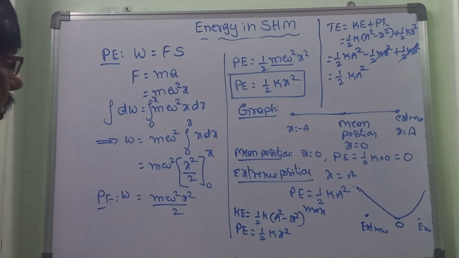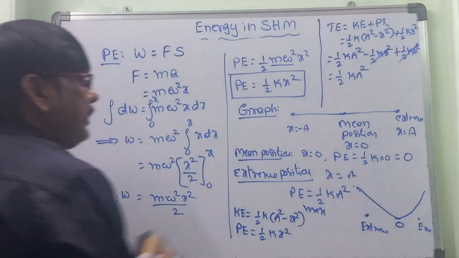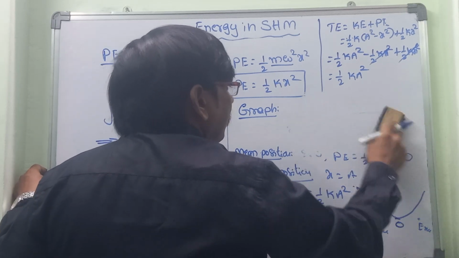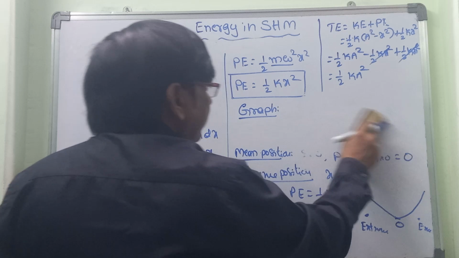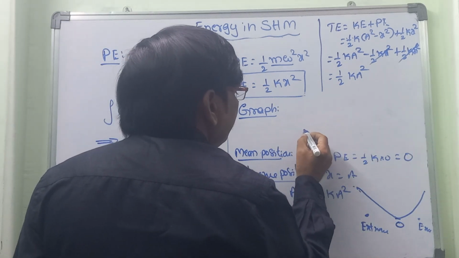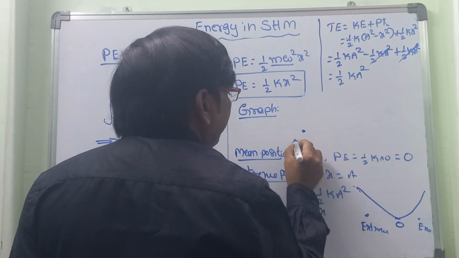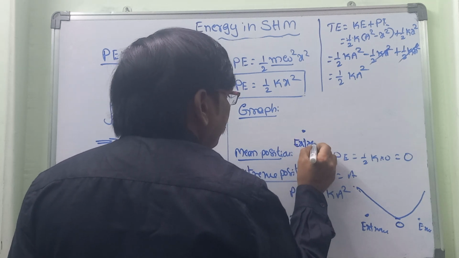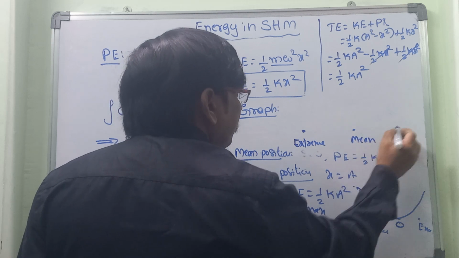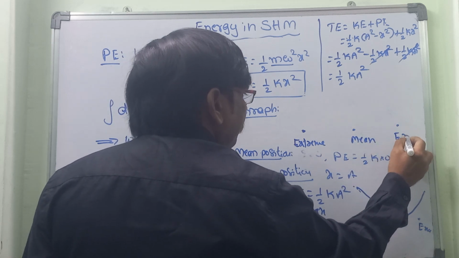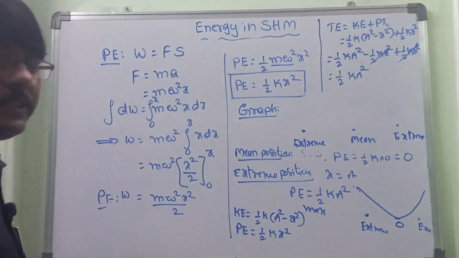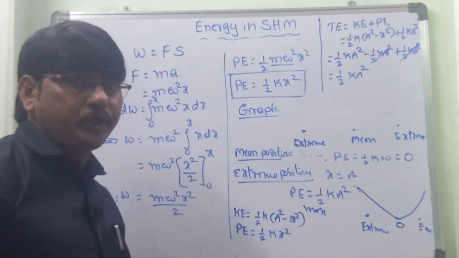Now let us draw a graph combining all these. This is the ultimate graph, an important graph that we can consider. Here is the extreme position, this is the mean position, and this is the extreme position. Before also we have discussed the extreme position.